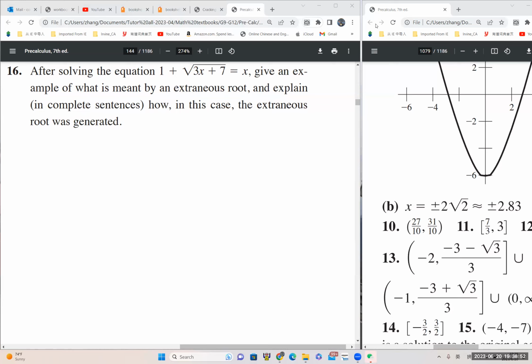What's your answer? I got 6 and -1. Could you write it? What kind of solution you get, and which ones are extra? One is -1.